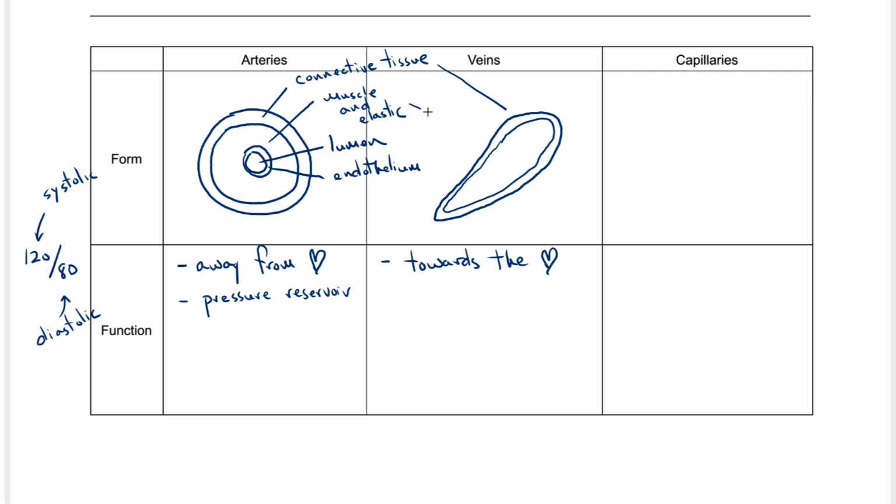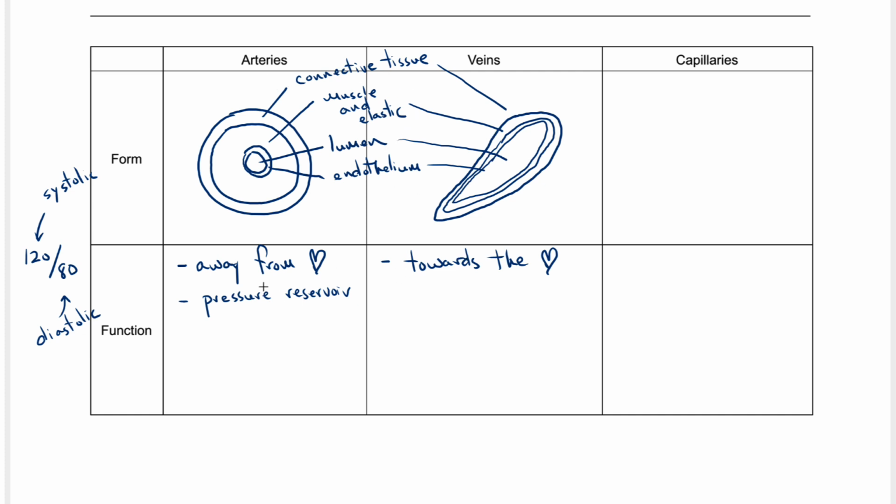So this is the muscle and elastic layer. And the endothelium, which would be the next layer in, is again present. And then the lumen is on the very inside. So veins have less elastic and muscular tissue than arteries do.